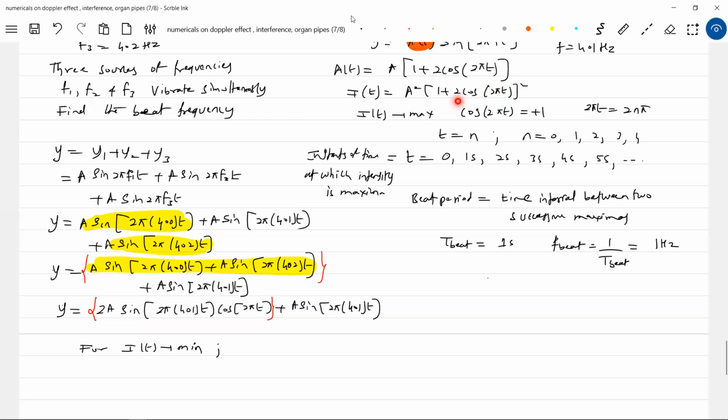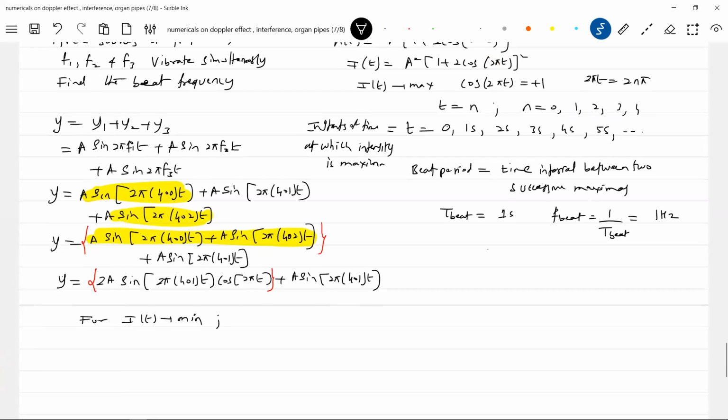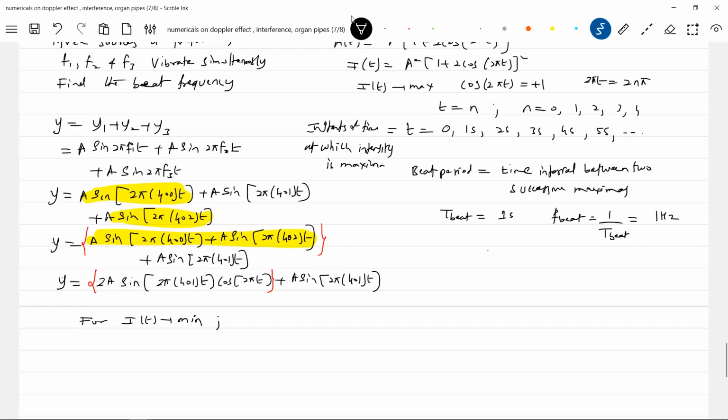If it is equal to minus 1, then it will become 0. I have to plot a graph, no? Okay, let me do it here. I think you are able to see this equation. Yeah. Cos 2 pi t should be equal to minus 1.